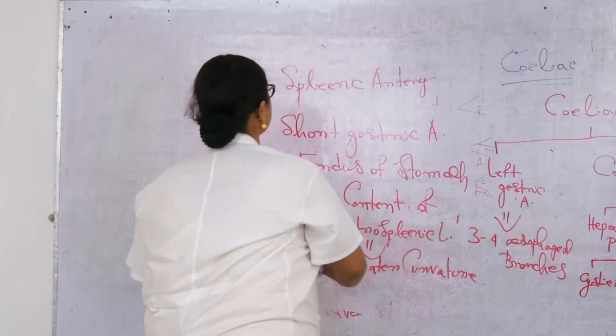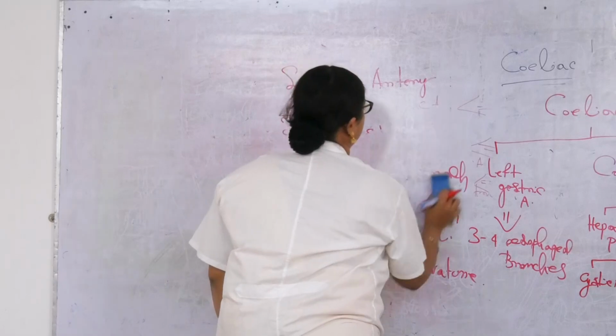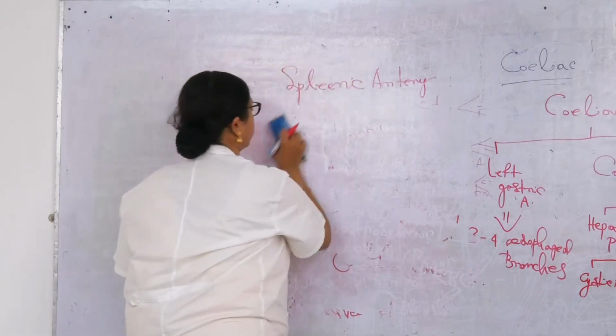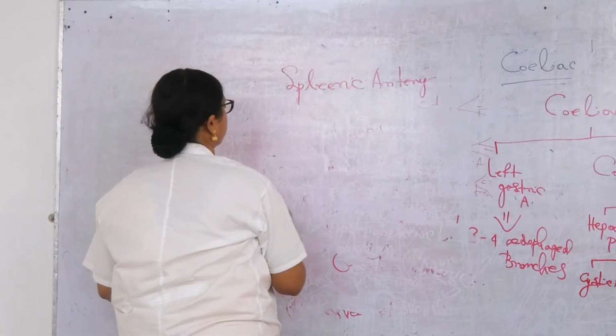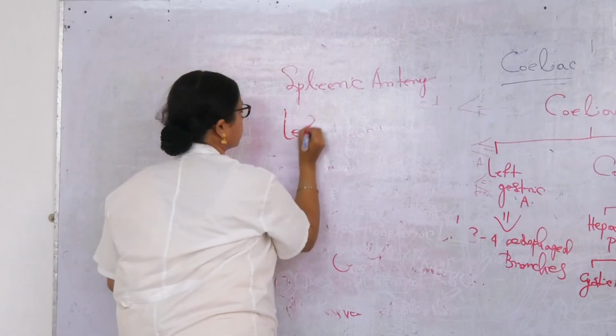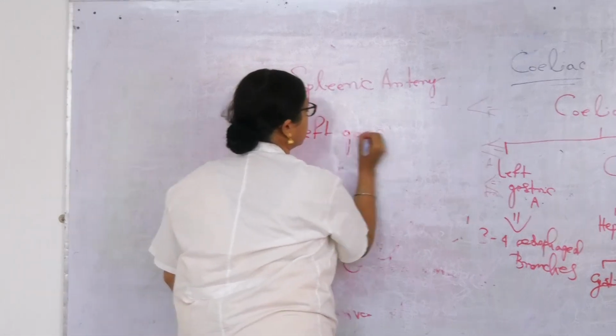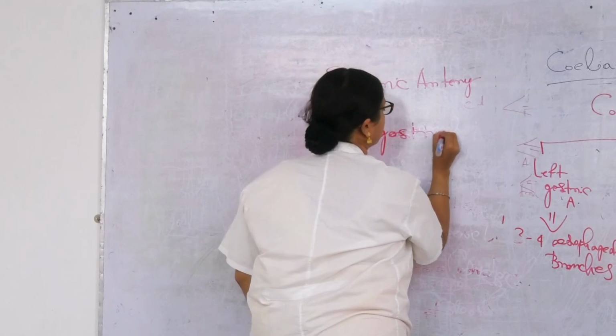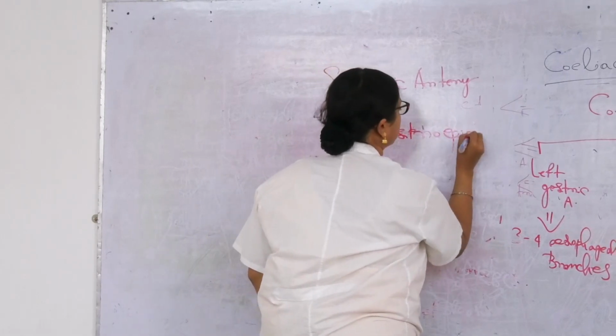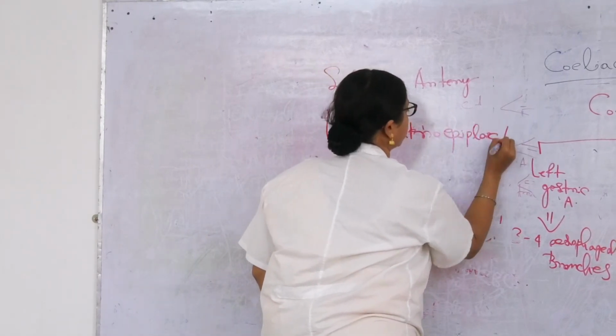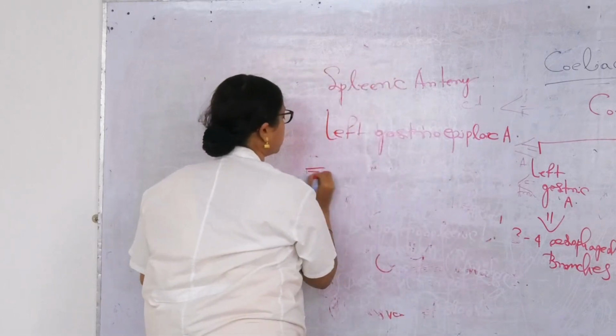The next one is the left gastroepiploic artery. Okay, so where will it supply?